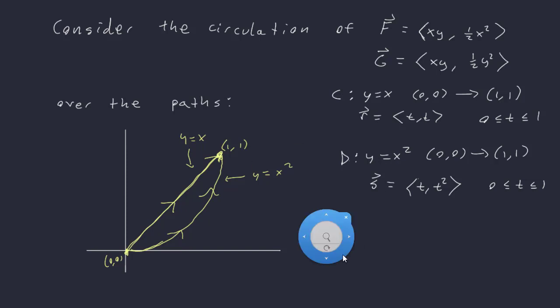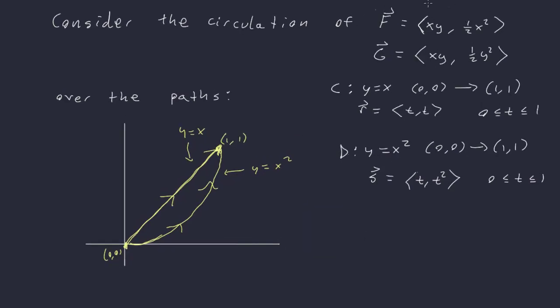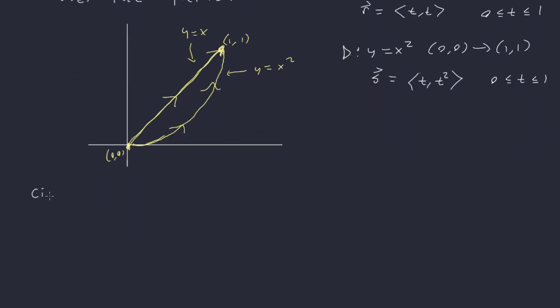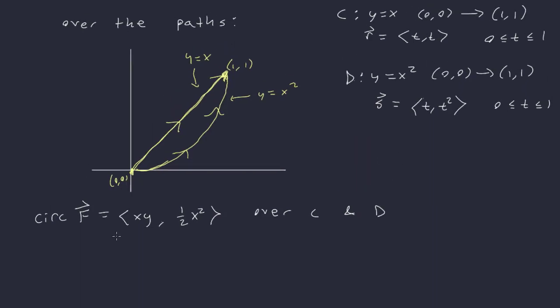All right, so let's look at F first. So I want to look at the circulation of F. Okay, I'm going to write it down again here. It was (xy, 1/2 x squared) over C and D. Okay, so for C, we have our R. I'm not going to write it again.